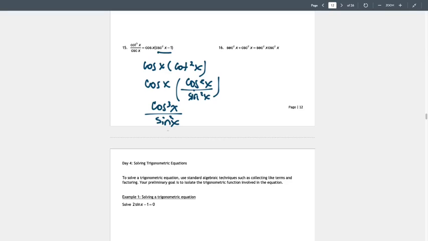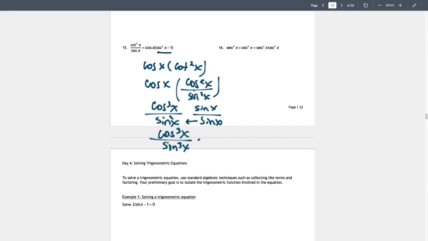What I need is a cotangent and a cosecant. Well, I know cotangent is the same thing as cosine over sine. So right now I need more sines on the bottom to make it sine cubed. So I'm going to multiply the top and the bottom by sine. That way I'm multiplying it by 1 and I'm not changing anything. If I multiply this with this, I get cosine cubed x over sine cubed x.